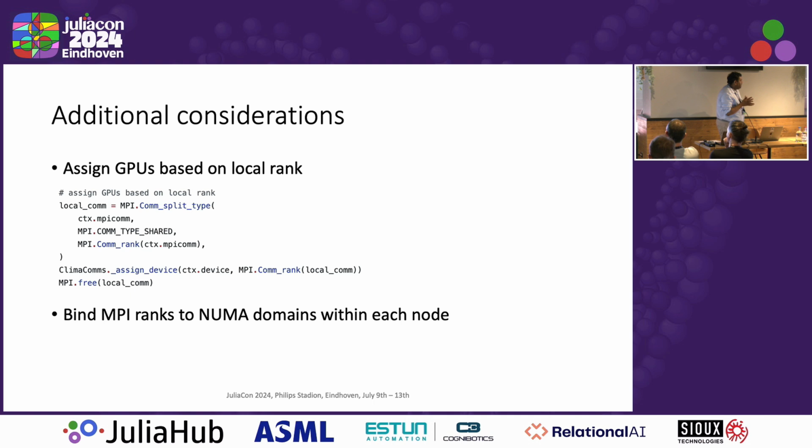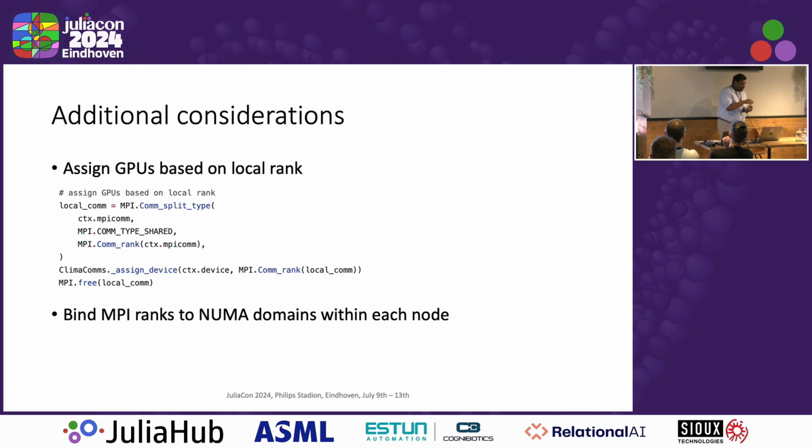And for running this on the cluster, there are some additional considerations. For example, unlike CPUs, for GPUs we need to make sure each local MPI rank picks up a different GPU. Sometimes all ranks tend to pick up GPU 0, and that gives, for obvious reasons, really bad results.